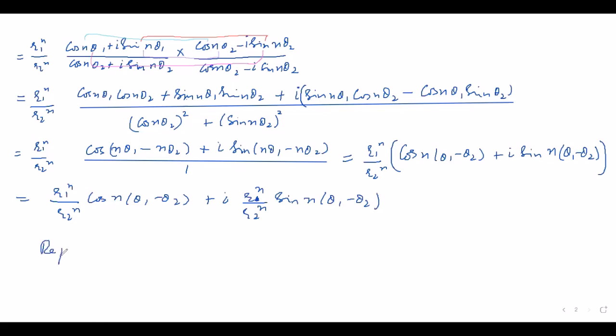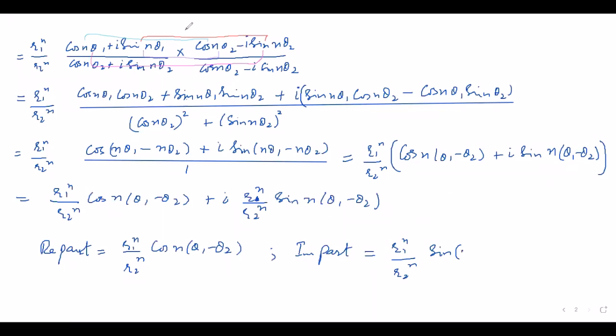Result: the real part is R1n by R2n cos of n theta 1 minus theta 2, and the imaginary part is R1n by R2n sin of n theta 1 minus theta 2, and that completes our solution.